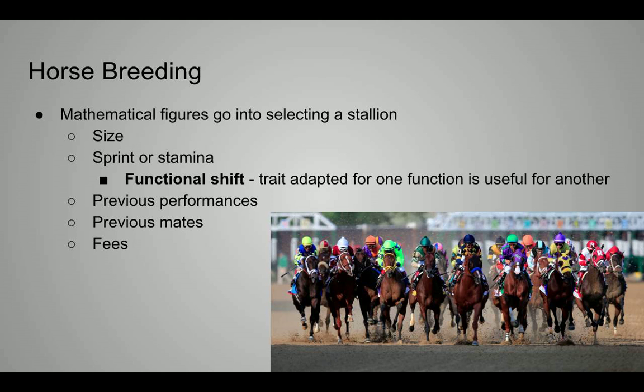Now obviously thousands of horses are bred over the course of a year, but you've got to really stand out in order to be one of the 20 that are in the Kentucky Derby. So if you don't have the size, the stamina, and all of those genes, then you're probably not going to be there. So things in horse breeding that they look at are previous performances.